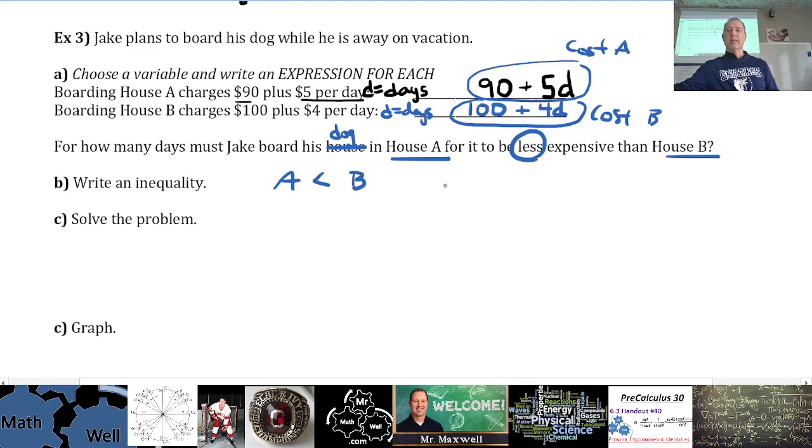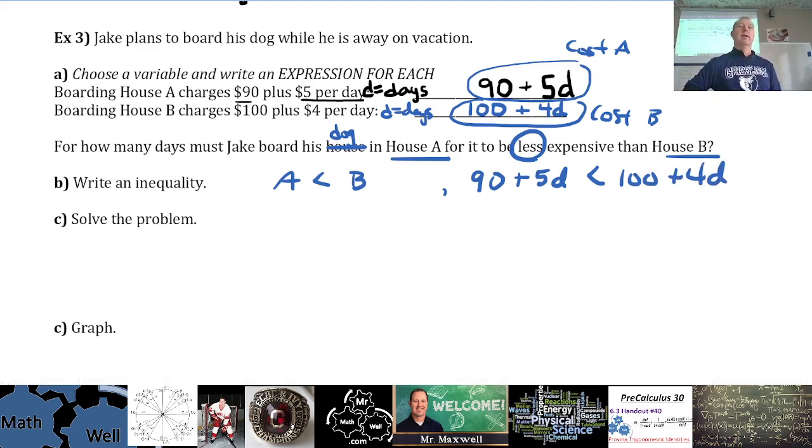So I'm going to write 90 plus 5D is less than 100 plus 4D. Okay? So when you write this inequality, you can still solve for D here, right? And that's what we want to do. We want to solve for D to find out how many days makes this cost less than this cost.